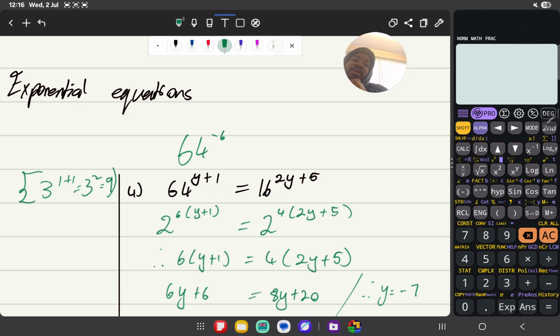And if I go that side, I know I have 16 to the power of minus 14 plus 5, which is 16 to the power of minus 9. 5 minus 14, 9.